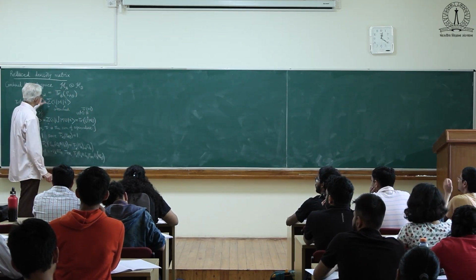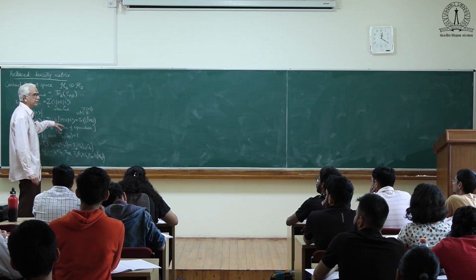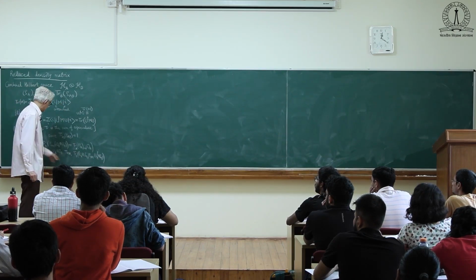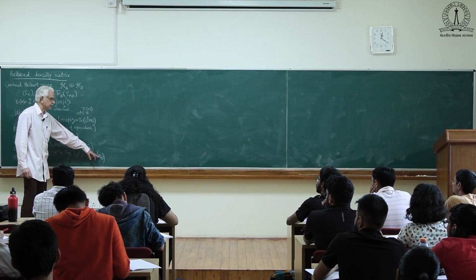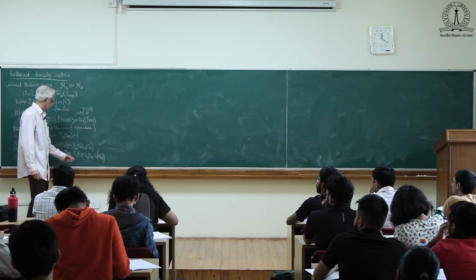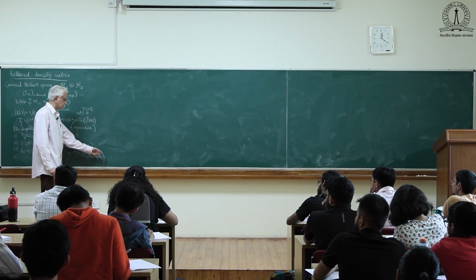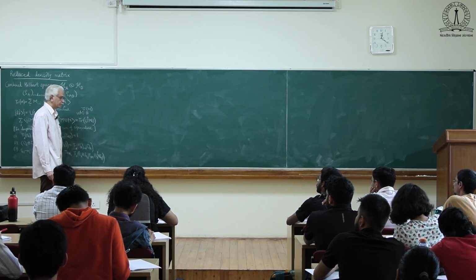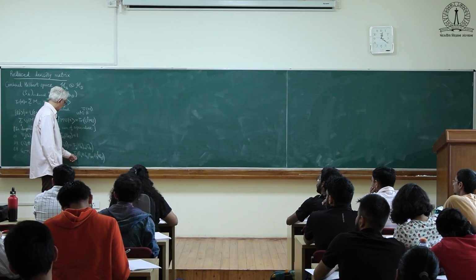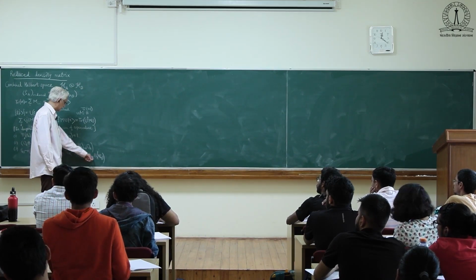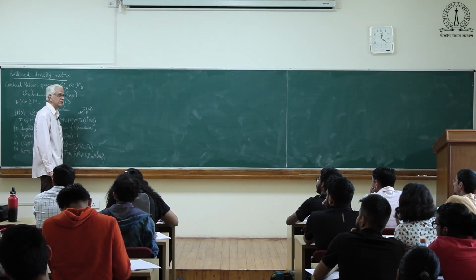This is the reduced density matrix after the transformation. I just plugged in this rule in the whole system. Again, I can use the property that I B is not doing anything. So I can take this B trace rather trivially.